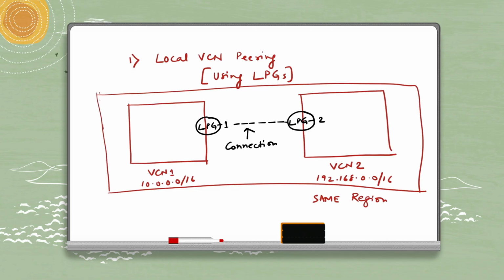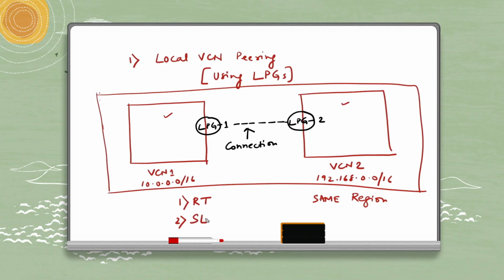So after you configure all these resources, the next thing that you have to take care of is route tables. That means you have to create supporting route rules to enable the traffic to flow over the connection from this VCN to this VCN and vice versa.